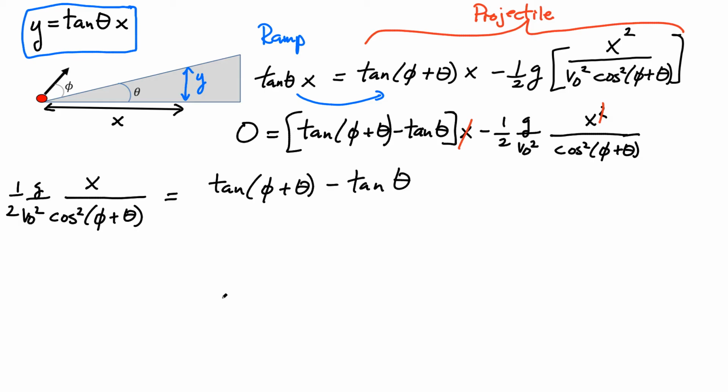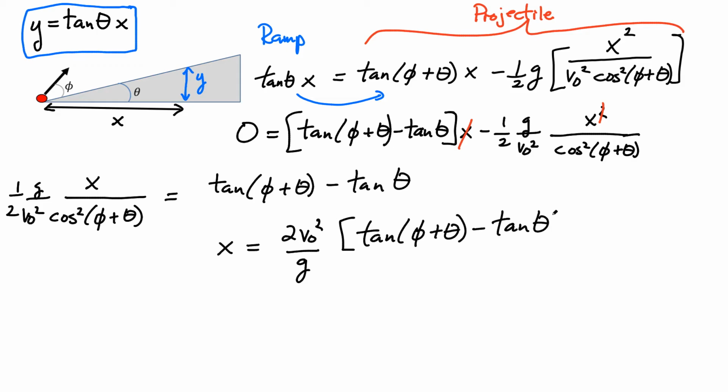All right, and the last step now, just isolate x. If you isolate x, you end up getting 2 v0 squared divided by g, times this whole trigonometric function again, tangent of phi plus theta minus tangent of theta. Now, it looks really messy, but it's just math. Don't worry about it.